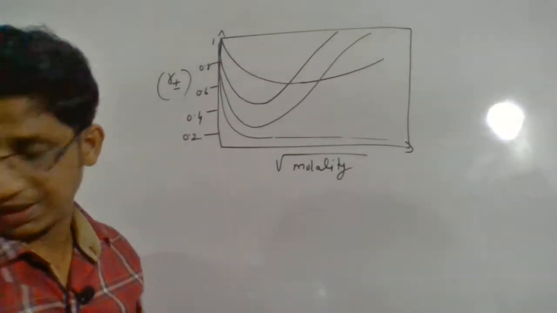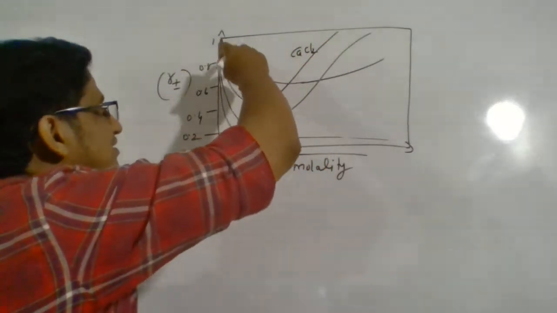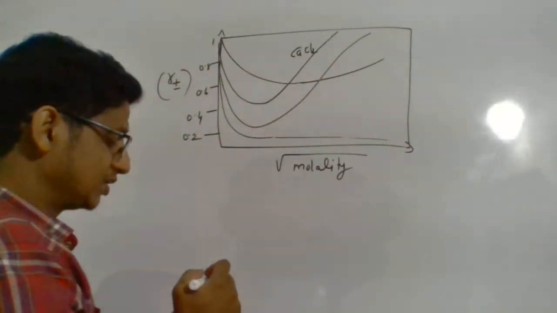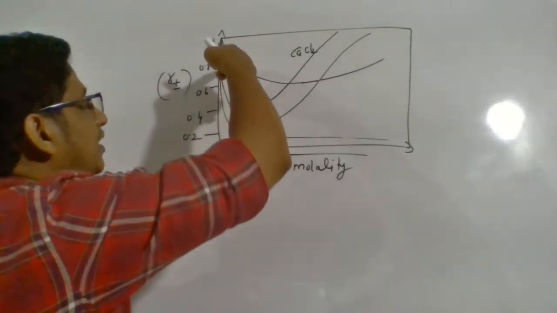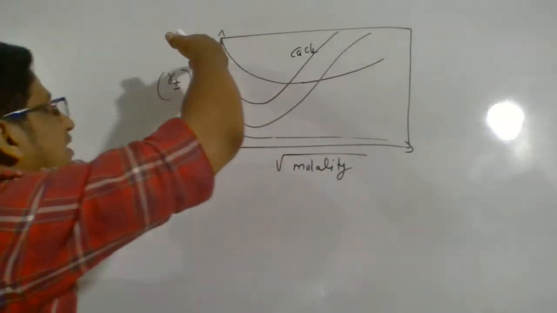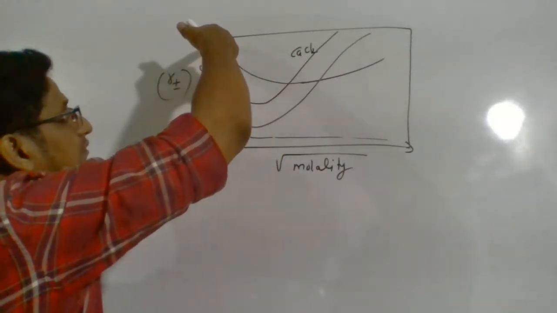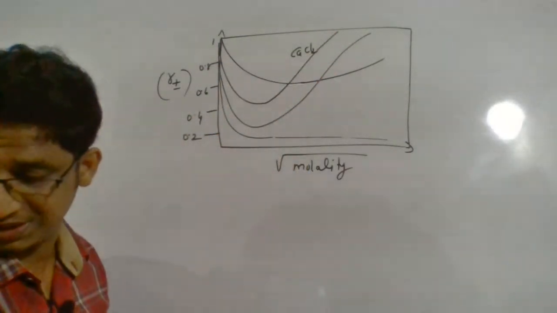For an electrolyte like CaCl2, look at this, the curve decreases, reaching a minimum, then increases. So at moderate concentration you can imagine somewhere here, and at a very dilute solution the mean ionic activity coefficient is very high, then it decreases, then at higher concentration it seems to increase.